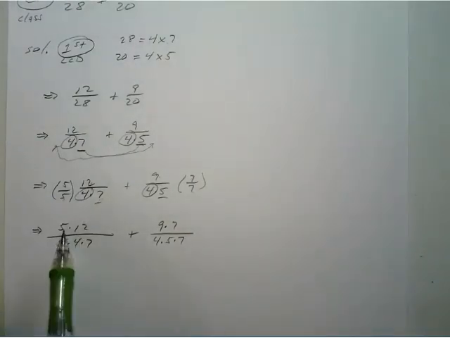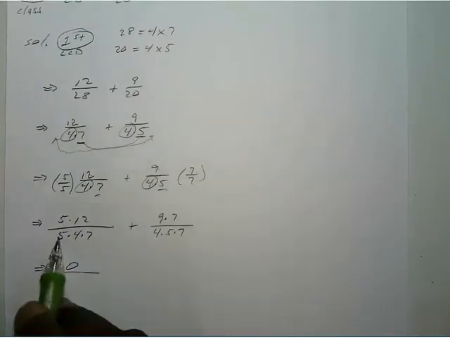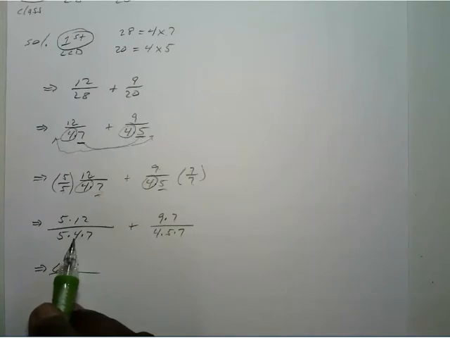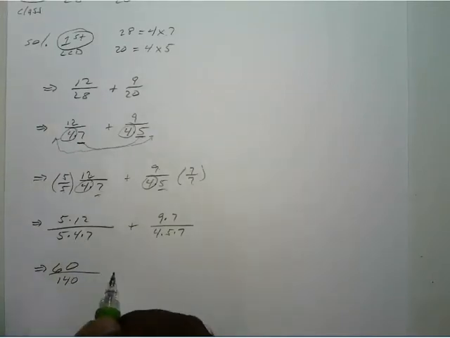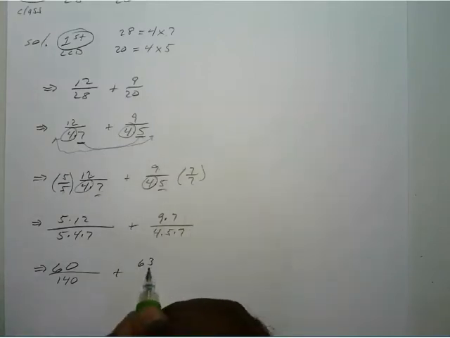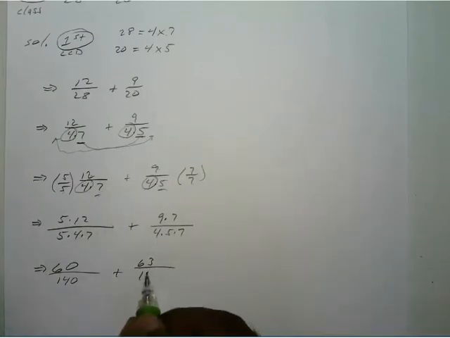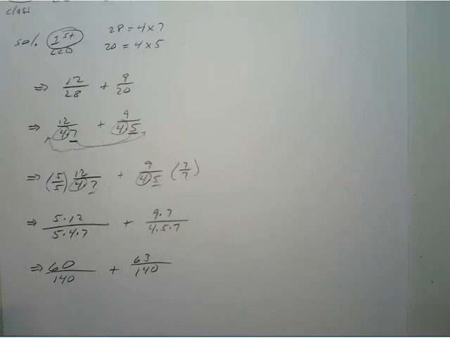Okay, so 5 times 12 is 60 over 5 times 4, which is 20, times 7 is 140. Plus 9 times 7 is 63 over 5 times 4 times 7, which again is 140.